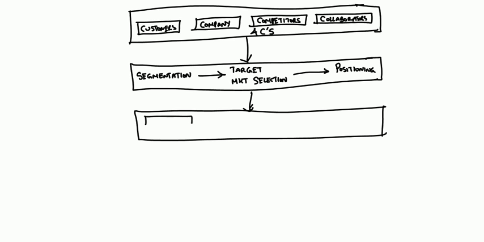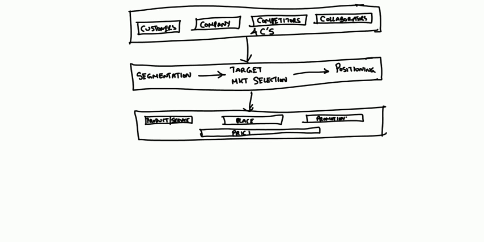The 4 P's are the product or service, and then the place and the promotion, and the 4th P is the pricing, which is dependent upon the other 3 P's.